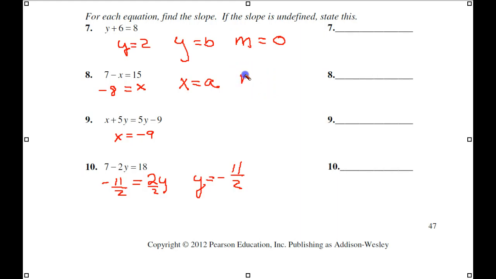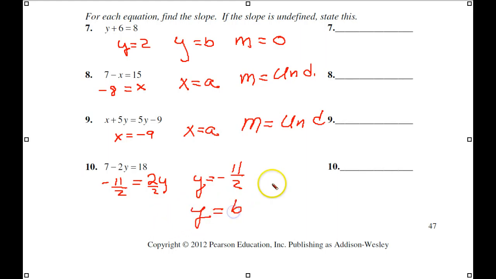So the slope is undefined. Here we have another x. So this is undefined. Again, this is x equals a. And this is y equals b. The slope is 0.